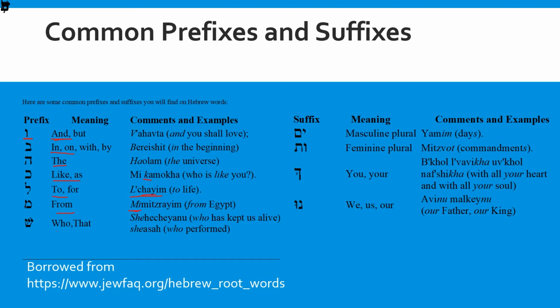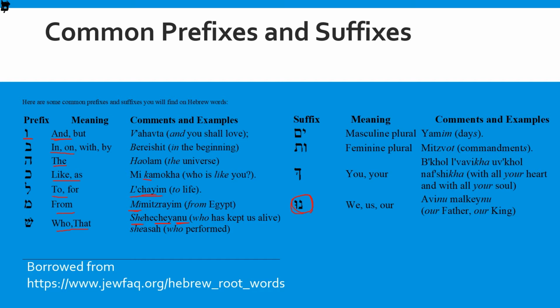The sheen means who or that, as in shehecheyanu. So we have who has kept us alive. So the chai is the root word, and then we add anu at the end, which means we or us. So here's the suffix nu that means we or us.